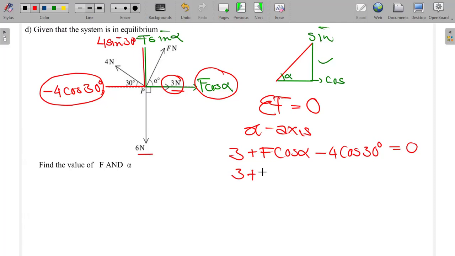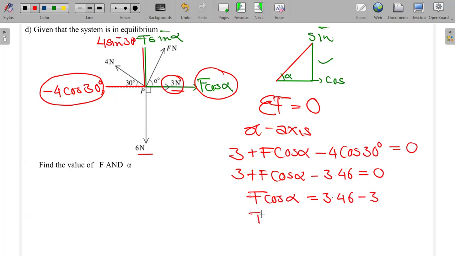So I have 3 plus F cos alpha minus 3.46, and this should be equal to 0. So that means F cos alpha should be equal to 3.46 minus 3, so F cos alpha should be equal to 0.46. This is in the x-axis.